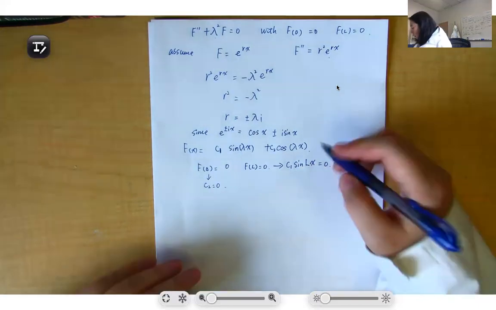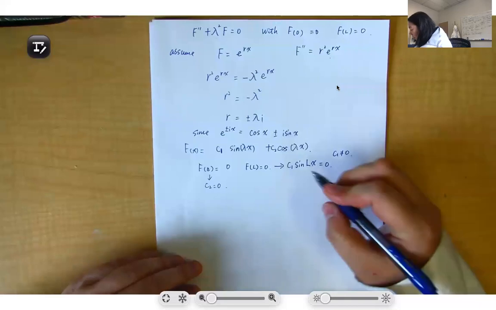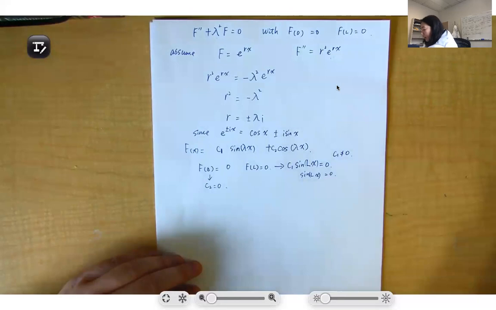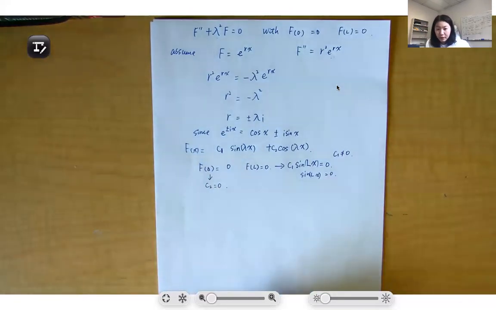Then C1 is not 0. That means sin(λL) needs to be 0. Then what kind of sin(λL) needs to be 0?